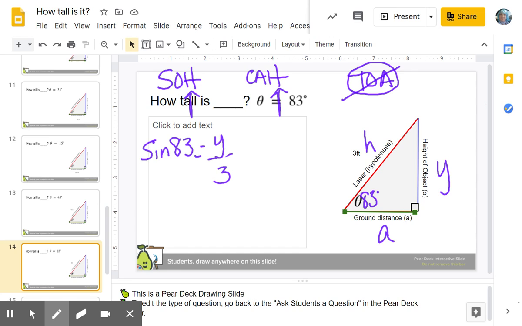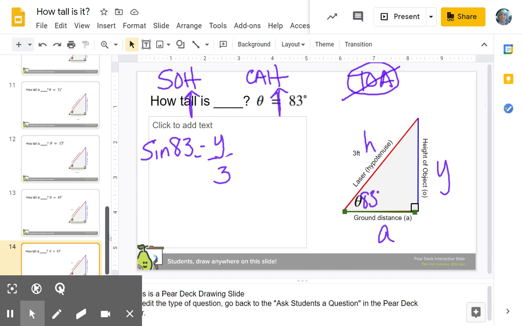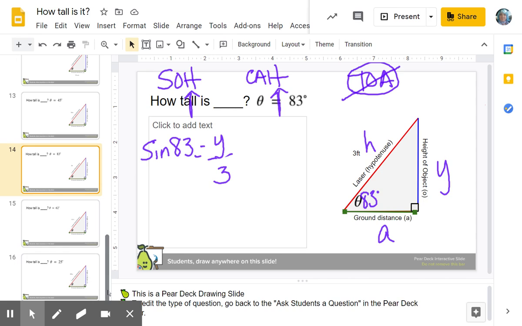I put the Pear Deck slides that we're working on. We're already on slide 14. So I'll work with everybody on 14, 15, and 16, and then we'll work backwards with the people who come in late.